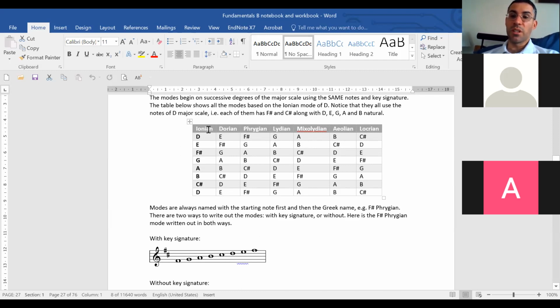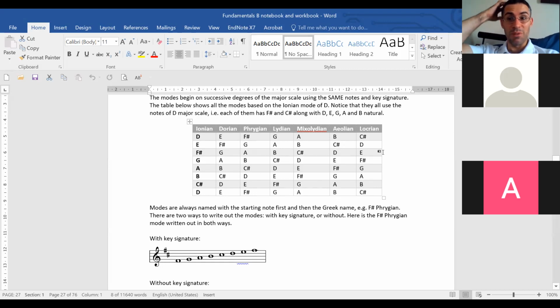So if we're working with the Ionian mode on D, it will have the key signature F sharp and C sharp. But if we're working with the Phrygian mode on F sharp, it also has that same key signature, F sharp and C sharp. Basically, what it's telling us is that all of these modes are family. They all have the same DNA, but they just look slightly different and sound slightly different.